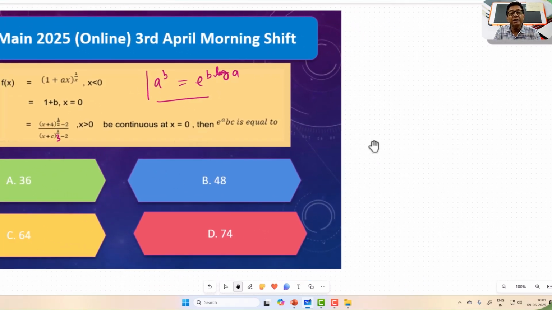So this function is continuous at x equal to 0, then e to the power a into bc. Don't be confused with this huge term. Okay?